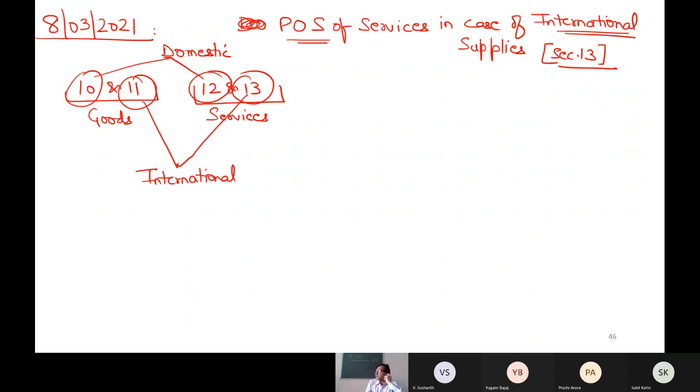This is the structure of determining place of supply of goods or services.